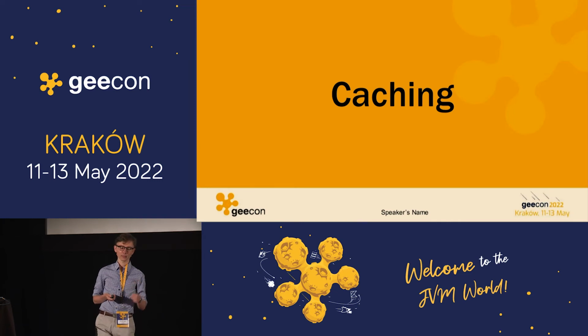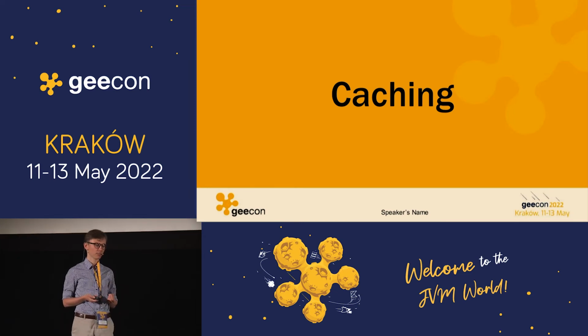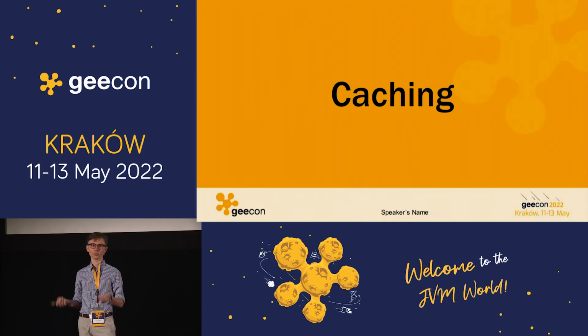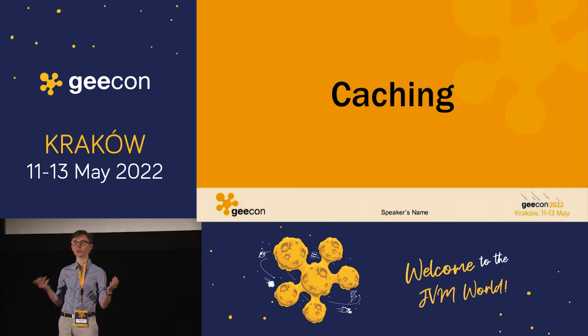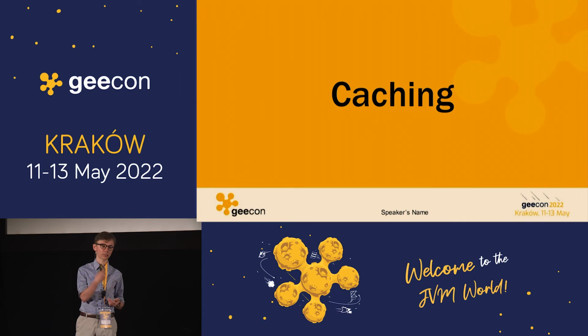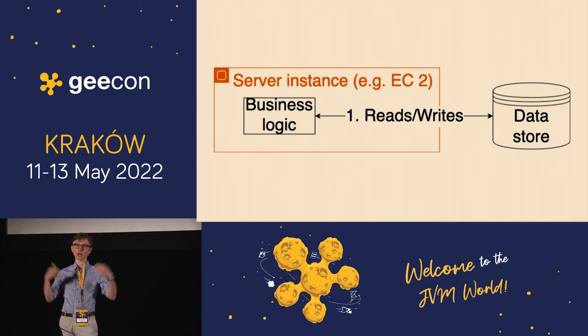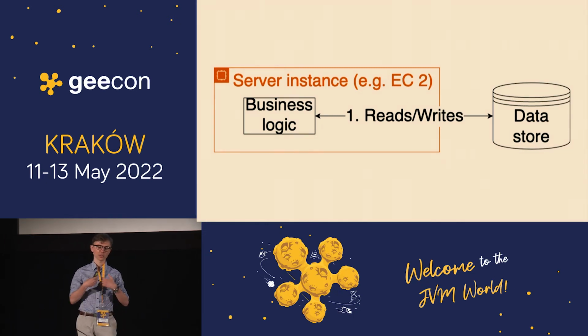Okay, the last part is going to be about caching. Caching is basically we do some computation, maybe read from a database, maybe actually compute something, and we store it so that we don't need to spend time computing something again. So first, let's look at some abstract service and how the service evolves over time.